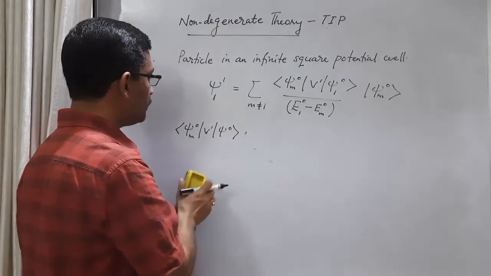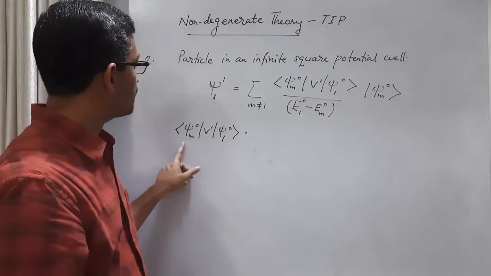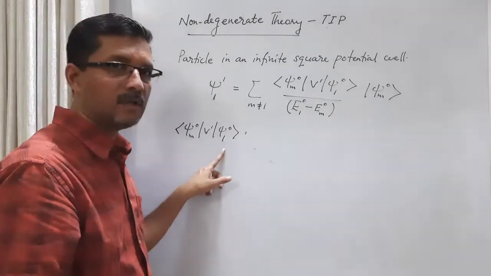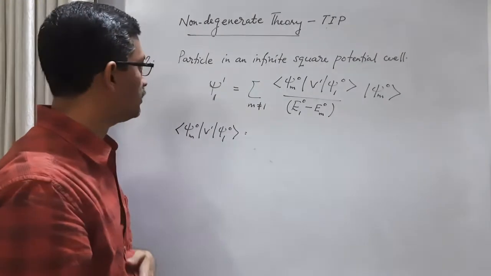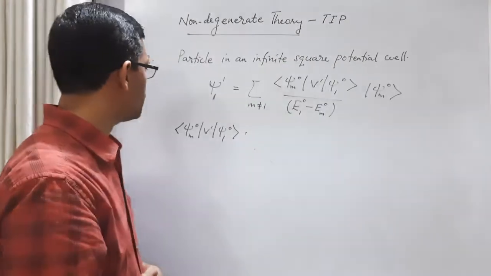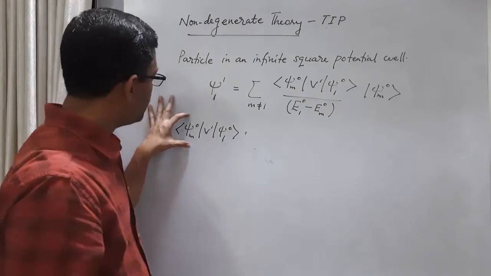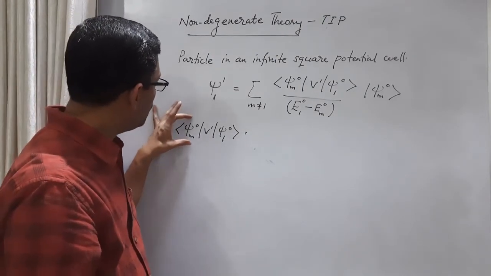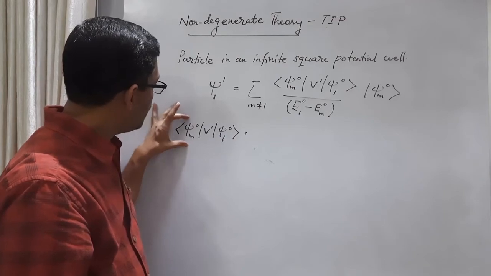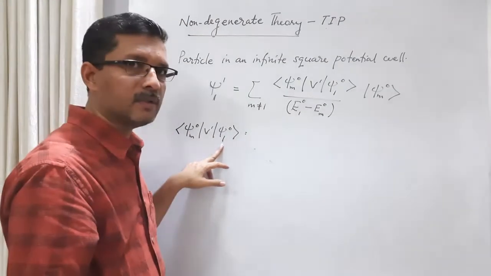So we are calculating the first order correction for the ground state, n equal to 1 state. For the particle in a box problem, the ground state is n equal to 1. In this integral there will be sine m pi by L into x here, and sine pi by L into x here.